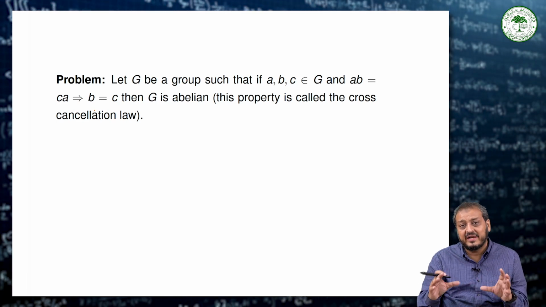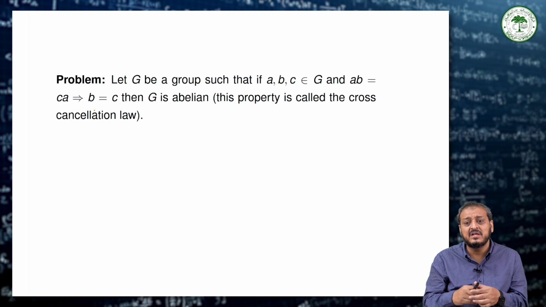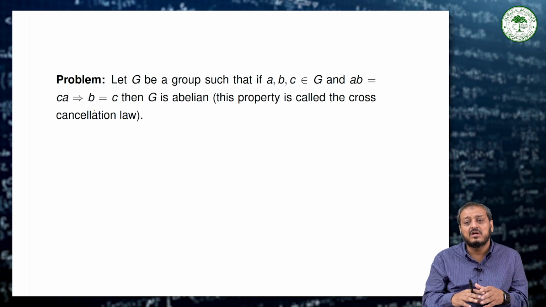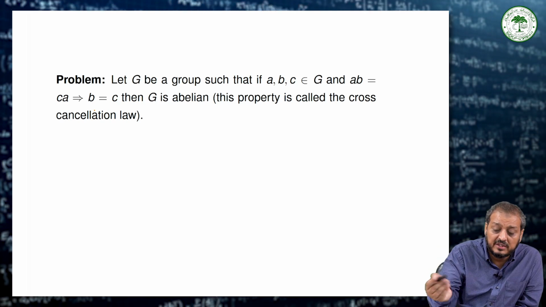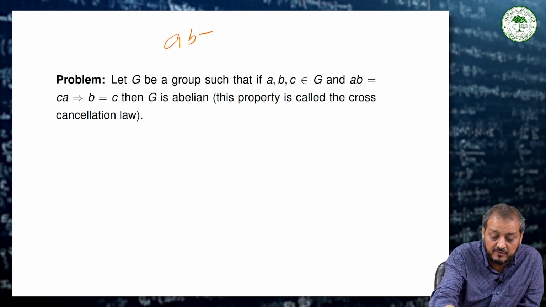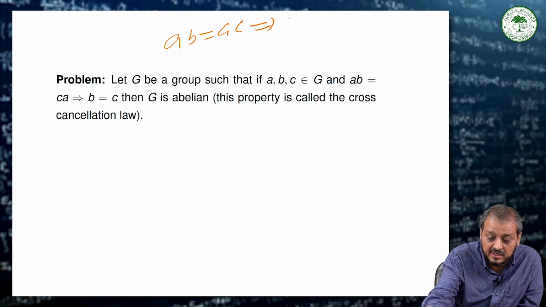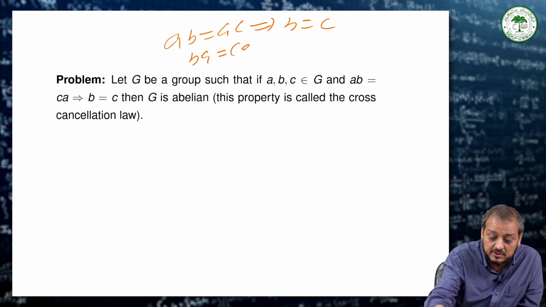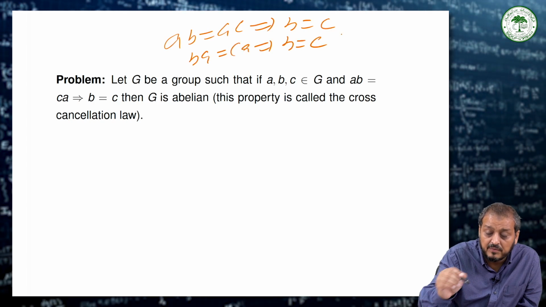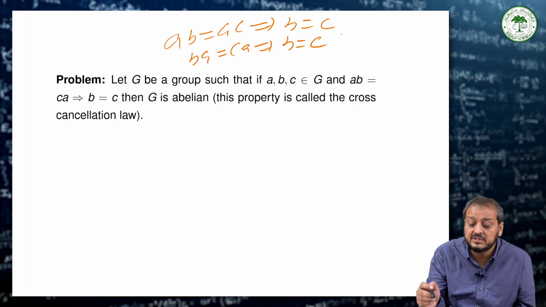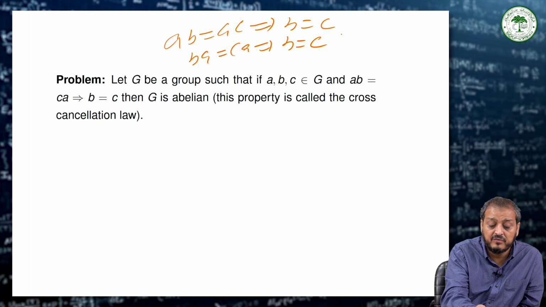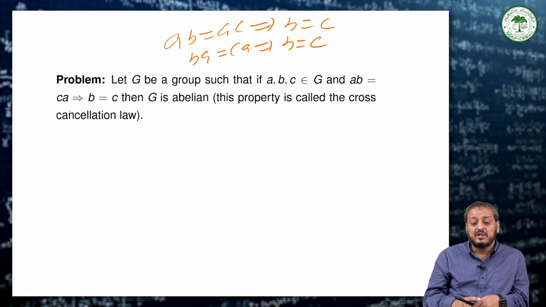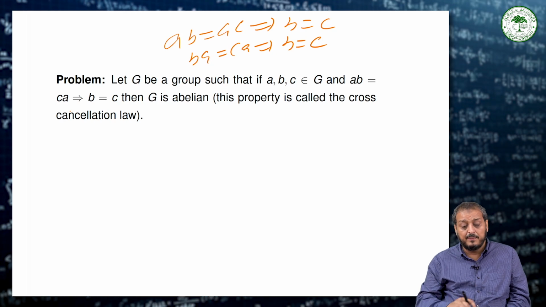This is not exactly the cancellation law, but this property is called a cross cancellation law, because in the cancellation property we say that ab equal to ac implies b equal to c, or ba equal to ca implies b equal to c. But in this case, it is given that if ab is equal to ca, then b is equal to c, and we have to show that G is abelian.